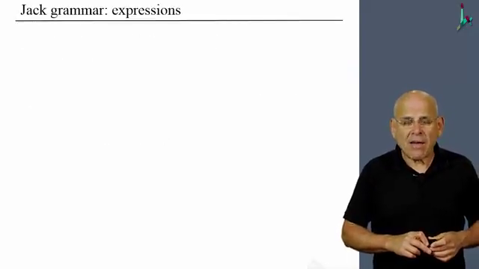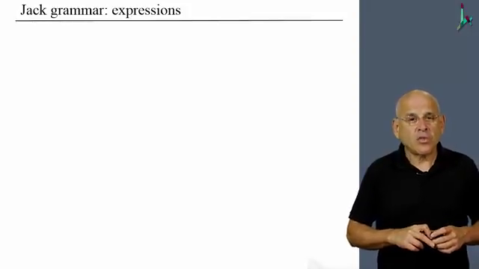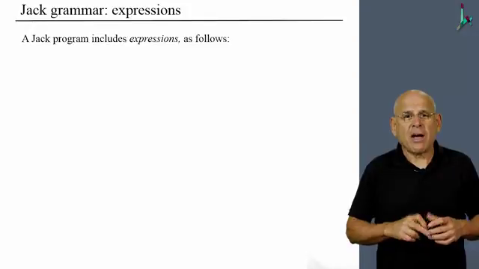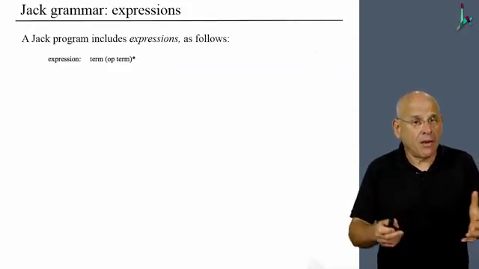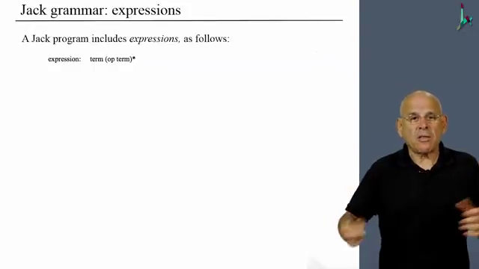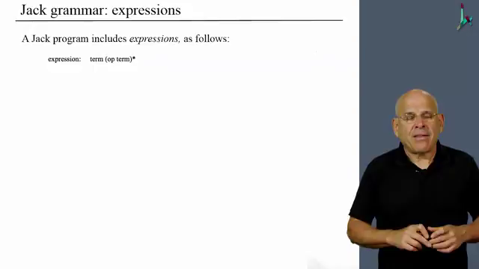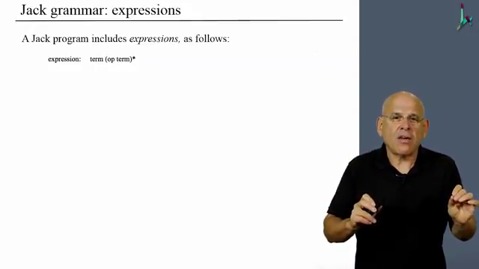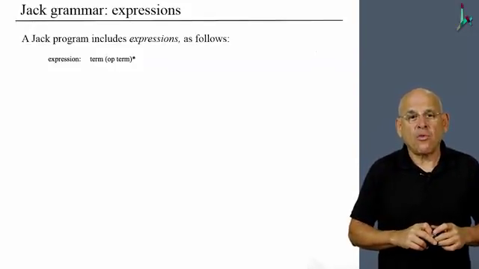All right, finally, we have expressions. That's the last thing that the grammar describes. The expressions are similar to what we discussed in our previous examples. An expression is a term followed by an optional op-term clause. And the thing that makes these expressions somewhat complex in Jack is the term rule.